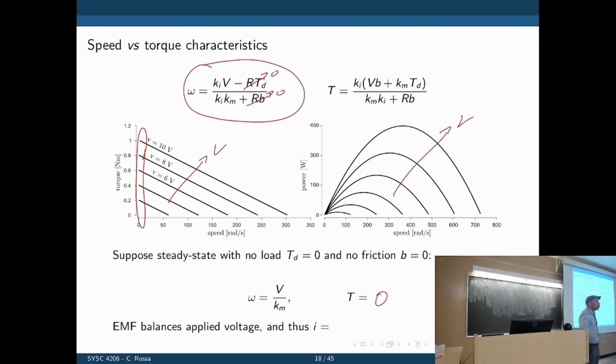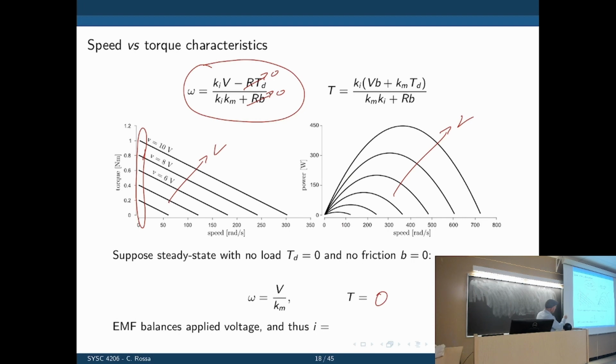Because it has no torque counteracting it. We are driving the motor at a constant speed, meaning that the sum of all torques is 0. But there is no friction, there is no load, so there can't be any torque developed in the motor. Of course, this is an ideal scenario, right? Because in fact, we'll always have friction and a load torque.